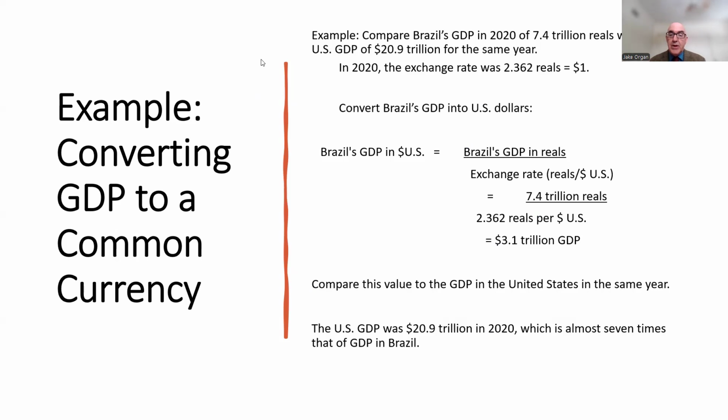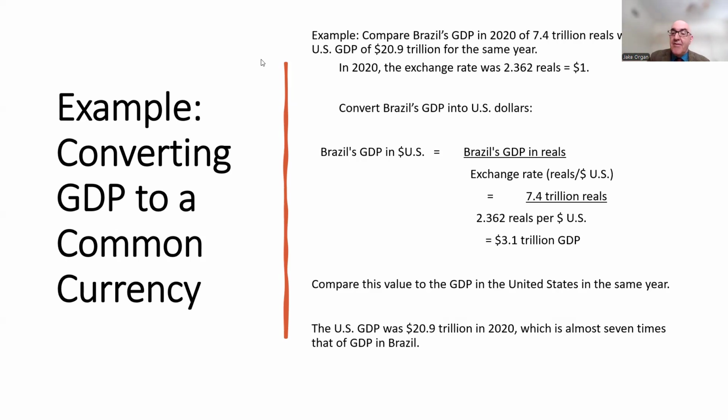And so to find Brazilian GDP in US dollars, we put the Brazilian GDP in reals over the exchange rate. So you've got the foreign GDP in their currency over the exchange rate of that currency with the dollar.